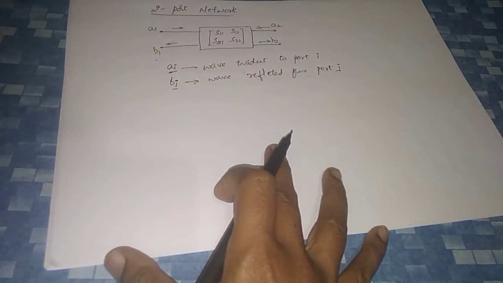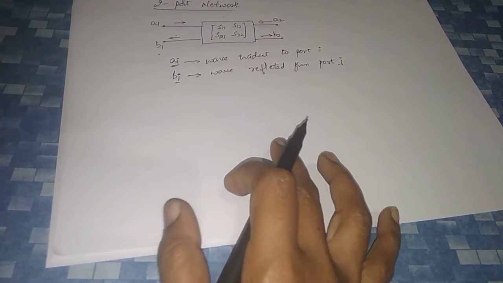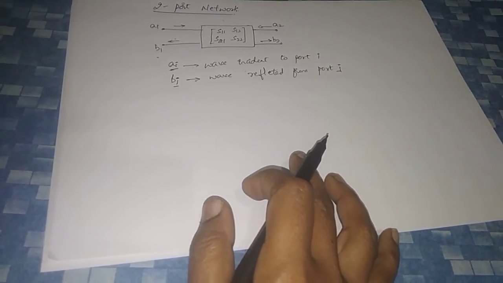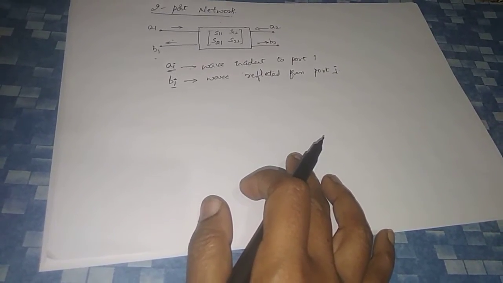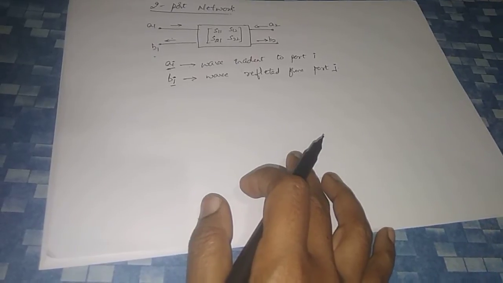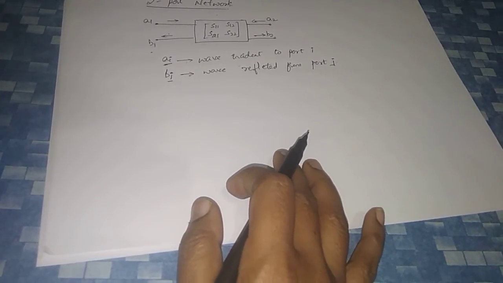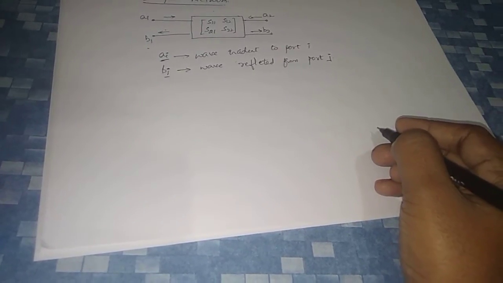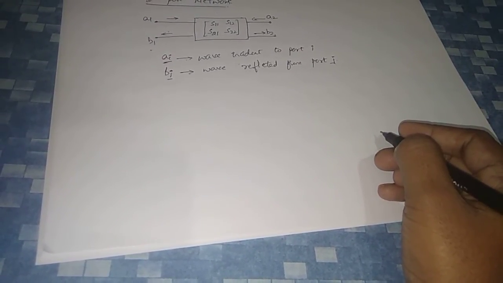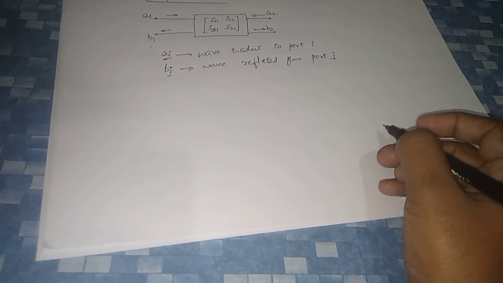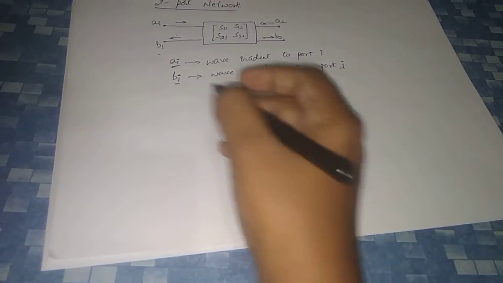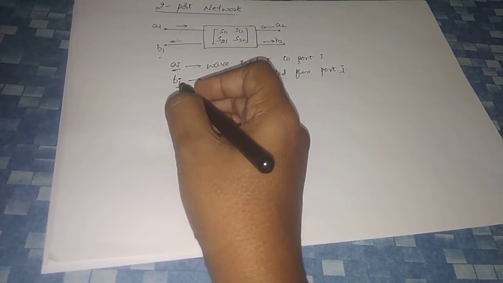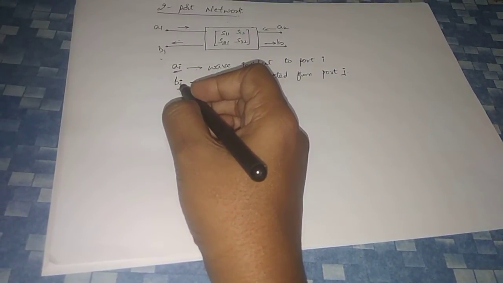The magnitudes of the Ai and Bj variables can be thought of as voltage-like variables normalized using specified reference impedances. This is very convenient, since the squares of these magnitudes are equal to the power levels of the waves.